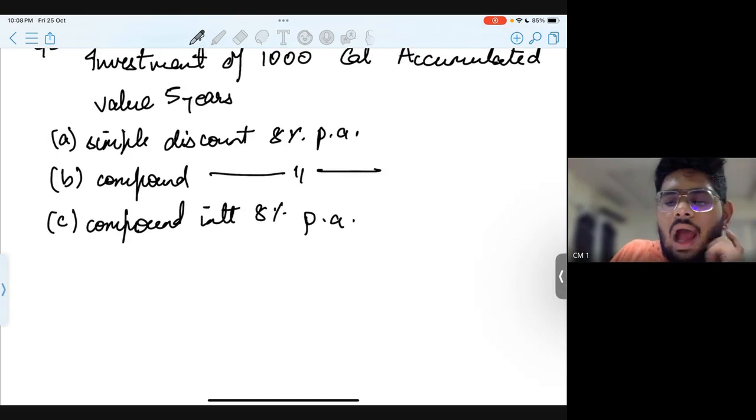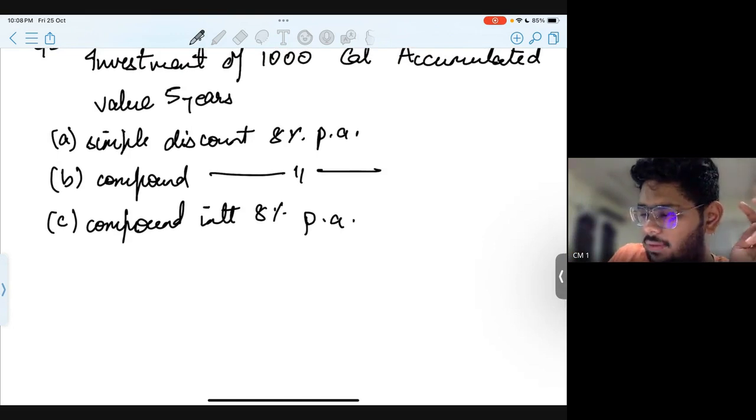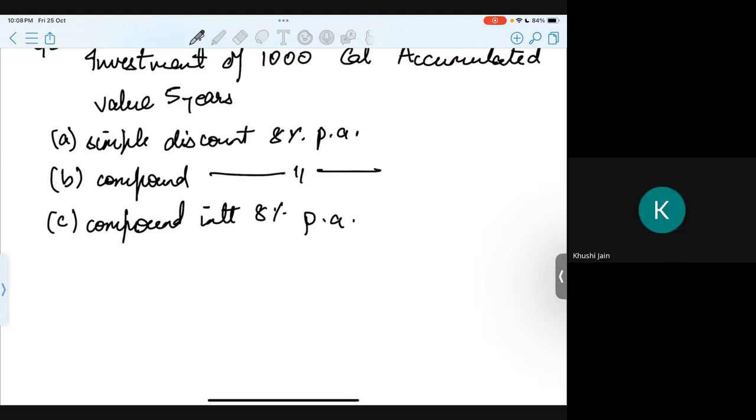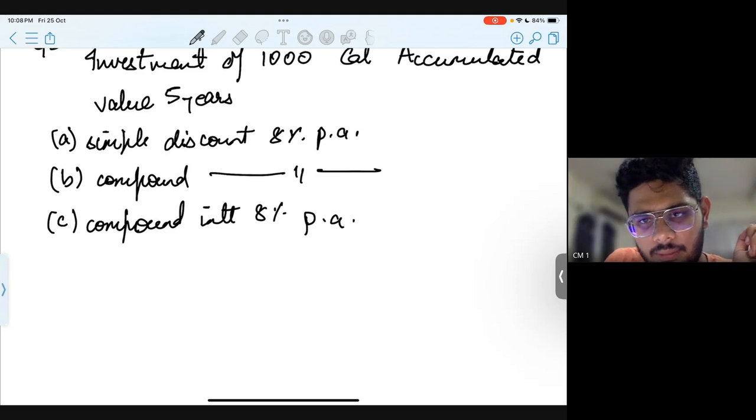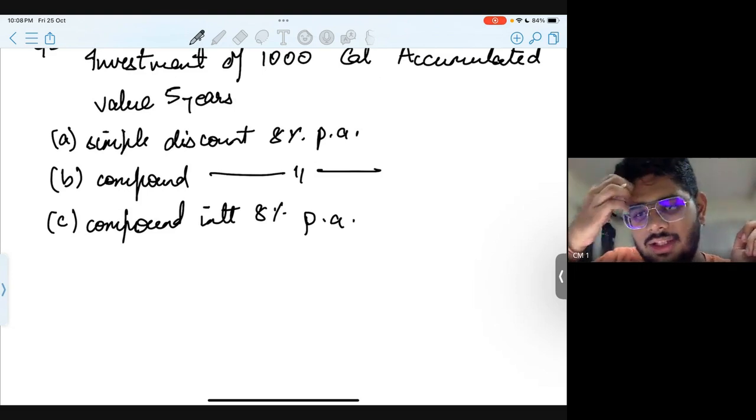Now, I want each one of you to answer one question. I want Shashank to answer part B. I want Khushi to answer part A, and I want Rashi to answer part C. Khushi, can you switch on your mic? Yes, sir. If you can't, just tell me the formula in the chat box.